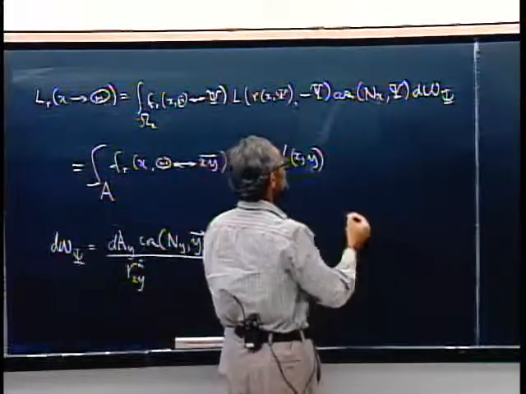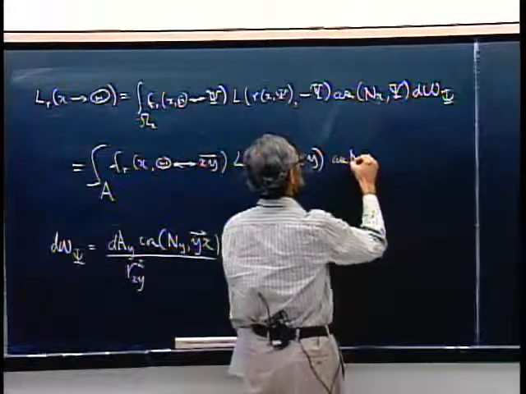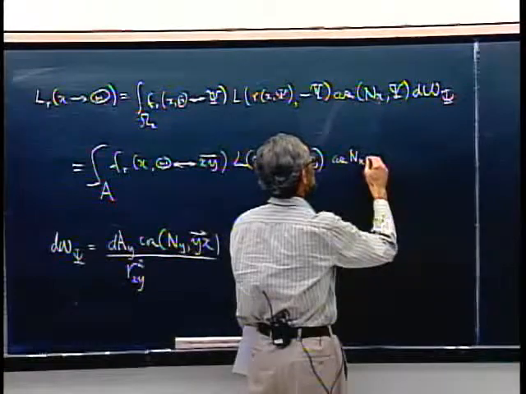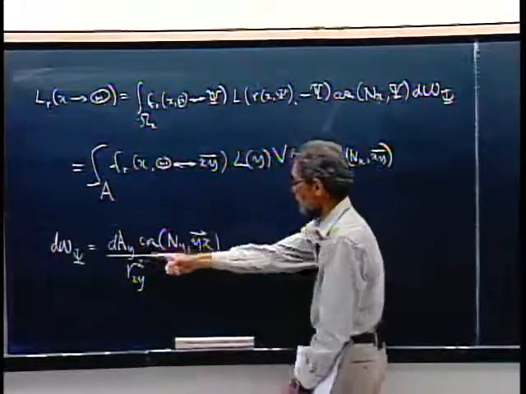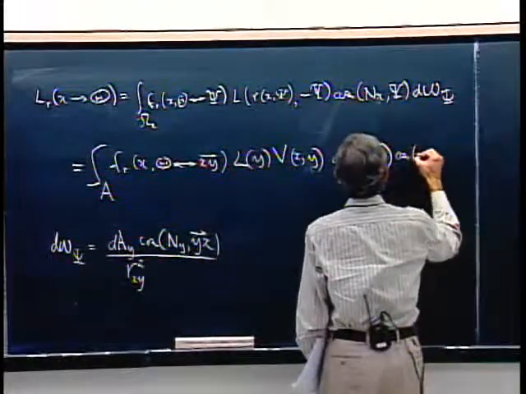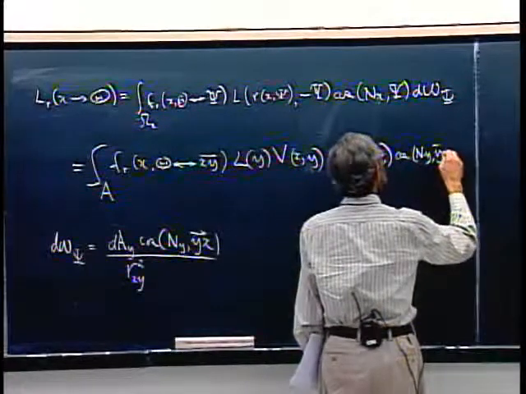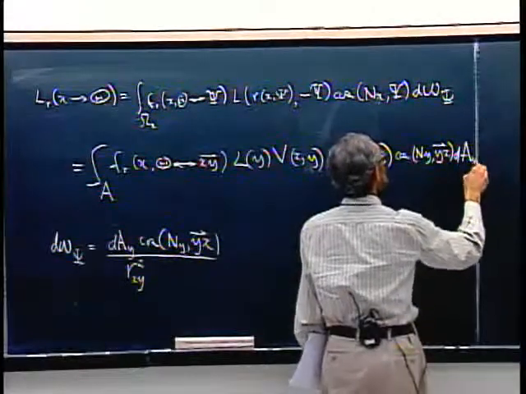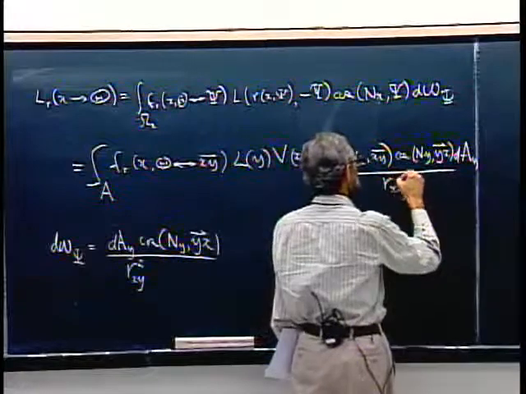Okay, and then we have a factor that depends on these cosines. This is cosine nx, and this is the vector xy. And then if I copy these terms here, cosine ny, and the direction y to x, and then dA at y divided by rxy squared.